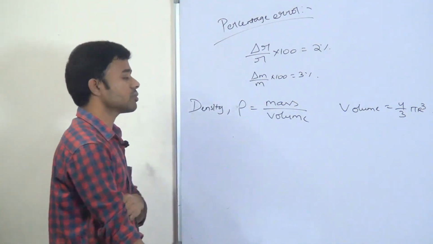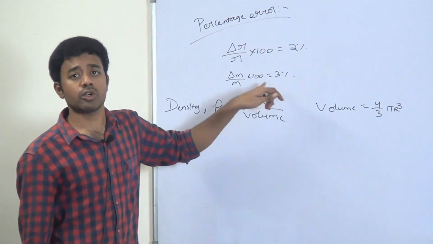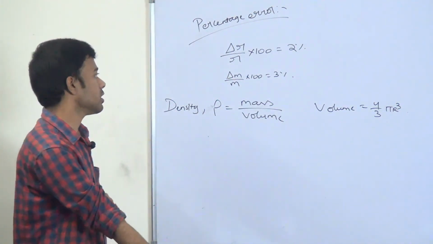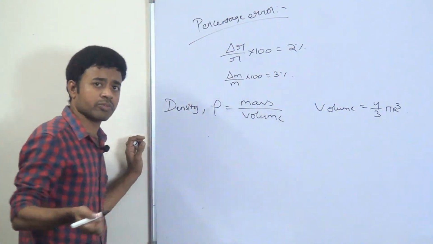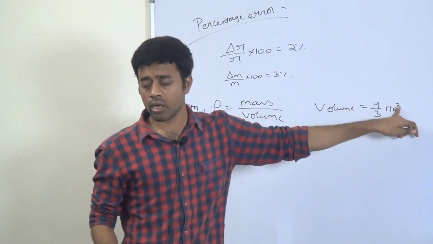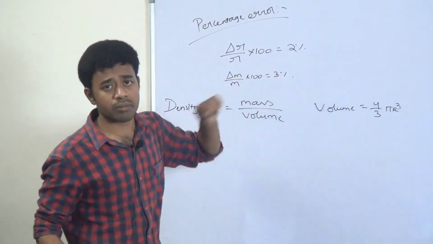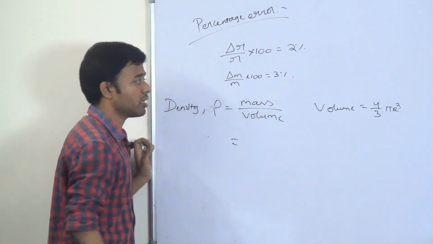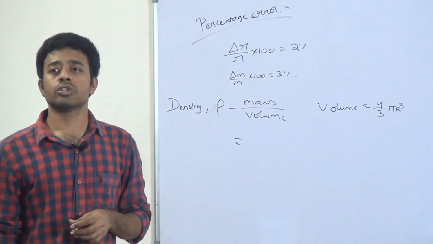Here 4 by 3 is a constant and pi is a constant value, so there won't be any errors for constant values. There are errors only in the radius and mass. Mass has an error of 3% and the radius an error of 2%.